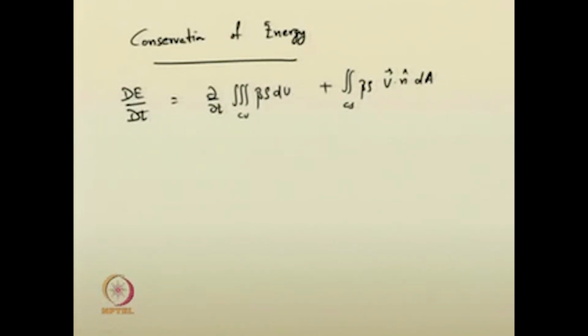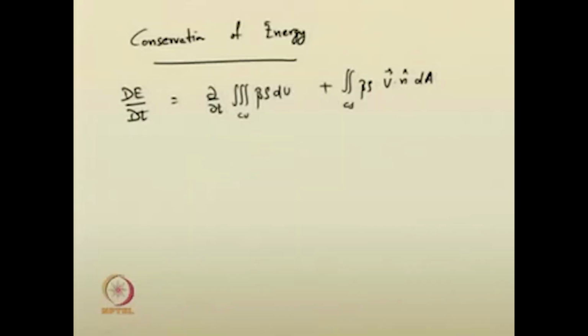Their extensive property B is now equal to the energy of the system, or energy in the control volume, small beta the corresponding intensive property. And as you know the material derivative of energy will be 0, that is, energy can neither be created nor be destroyed. And as this is a steady flow condition, the left hand term is also 0, and the first term on the right hand side is also 0. You will get the following relationship now.